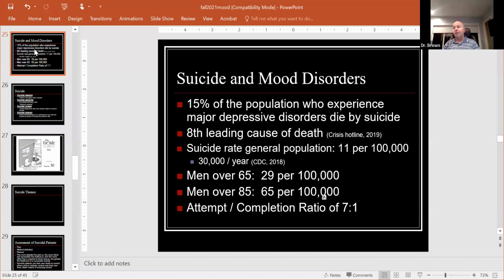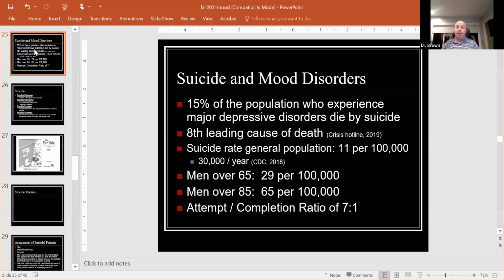And protective factors means a support system, a stable place to live, a stable income. People that are married are less likely to kill themselves. So when you're taking ATI, you're taking the NCLEX, and they give you a little scenario, and they show you a white Caucasian male with no children, that would probably be the one that you would pick.